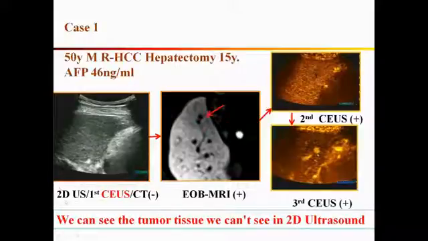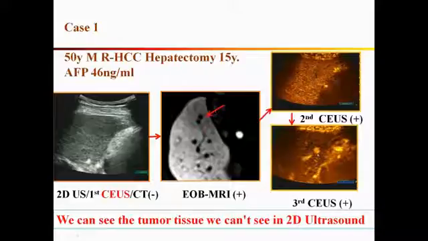Firstly, I used 2D ultrasound; I cannot find where the tumor is. I used contrast ultrasound; I cannot find it either. I used contrast CT, the same. We cannot detect the tumor. But when we use the MRI, we can see the tumor is here.